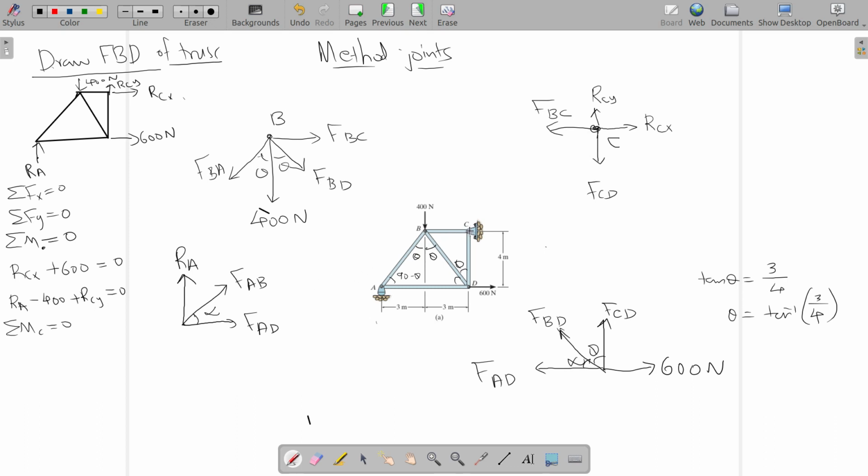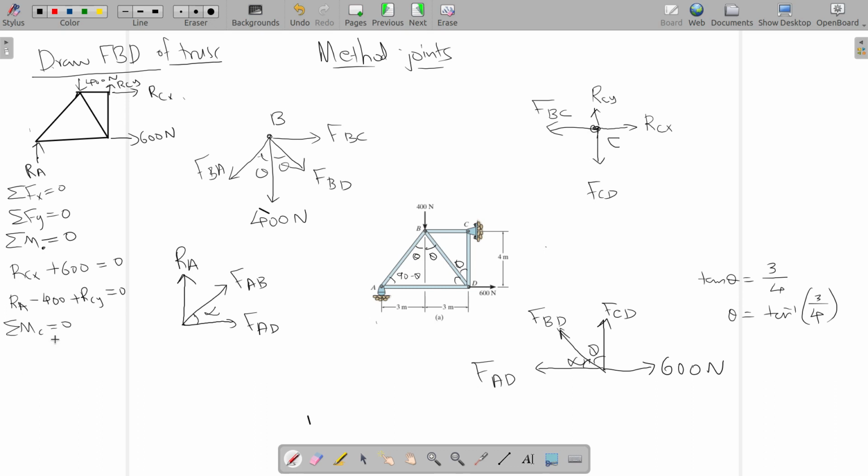So if moment about C is 0, that means you have to consider all external forces, right? RCY and RCX are passing through C. So RCY into 0.